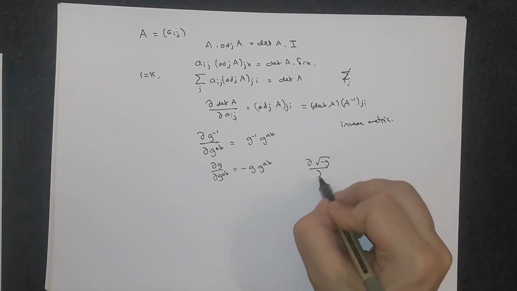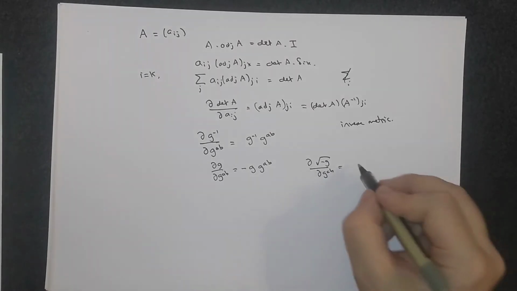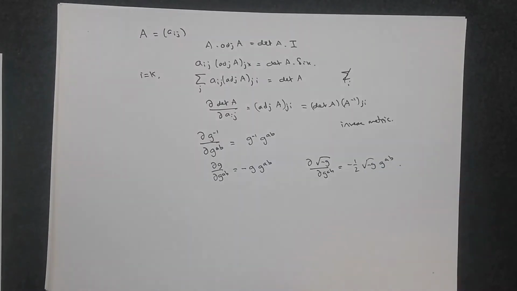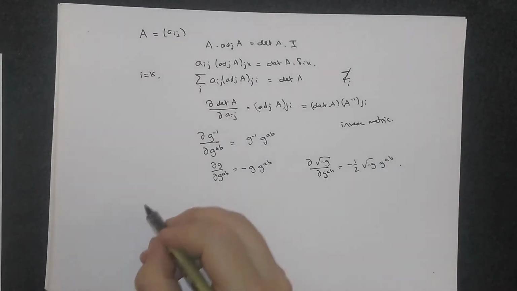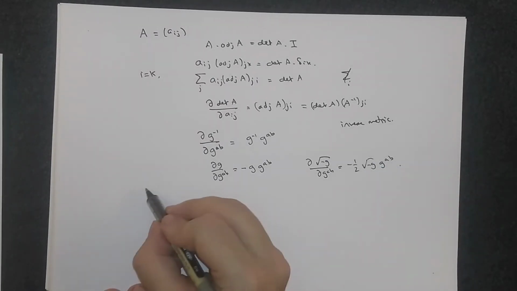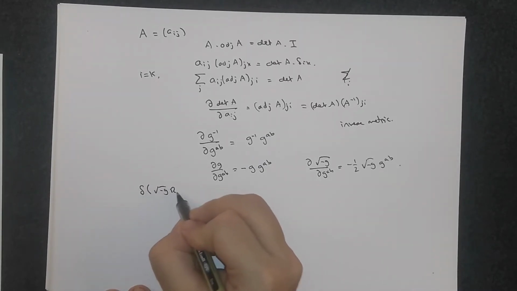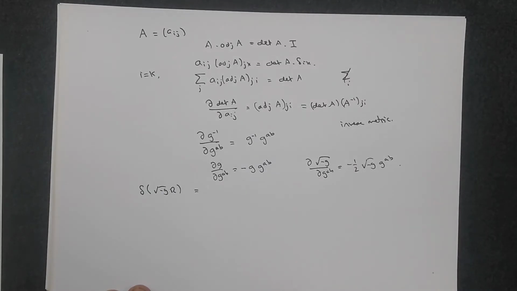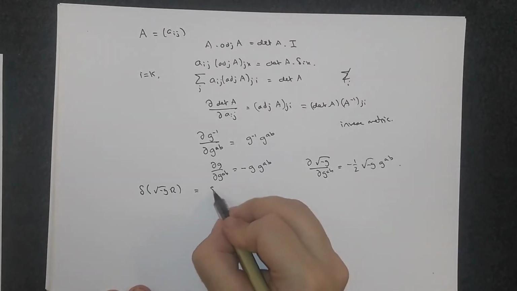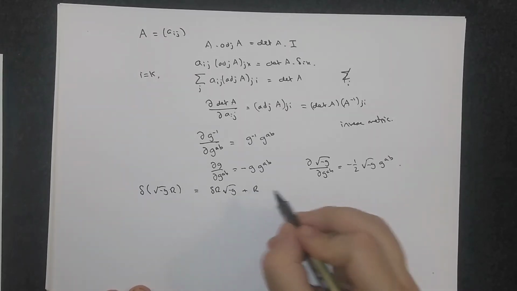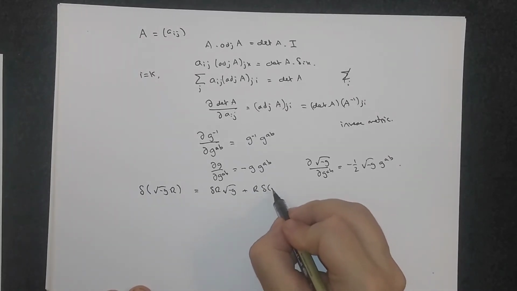d g by d g^AB is equal to g times g_AB, where g is shorthand for the determinant of course. And that tells me that d g by d g^AB is minus g g_AB, or d root minus g by d g^AB is minus a half root minus g g_AB. So if we were to look at delta of root minus g R, that gives me delta R root minus g plus R delta root minus g.